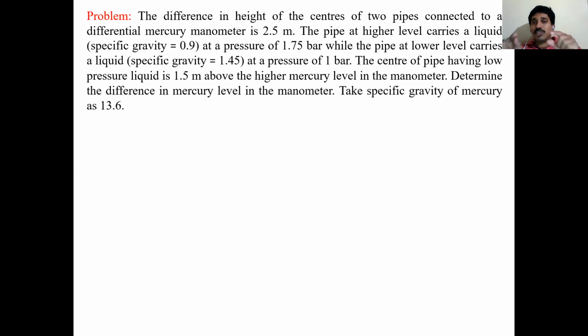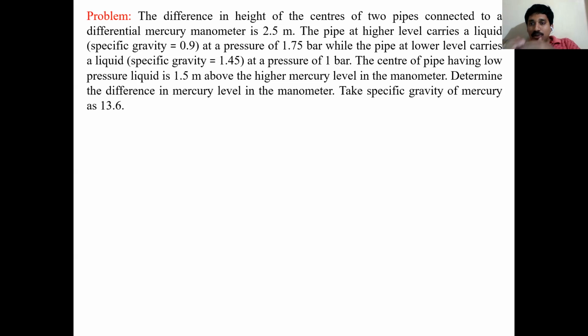They did not mention clearly which pipe. Read carefully: the center of the pipe having low pressure liquid. The pipe having low pressure means the low level pipeline. So that pipeline is located 1.5 meters above the higher mercury level in the manometer.